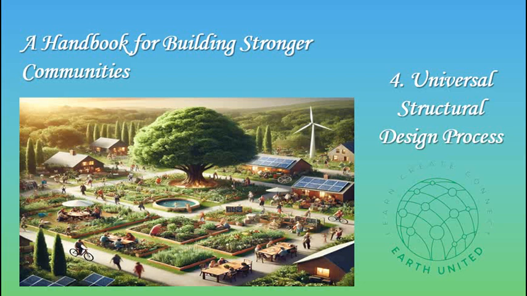This whole deep dive is really showing how community building isn't about top-down solutions. It's about empowering communities to create change from within. That's powerful. What stands out to you the most about what we've covered so far? You know, for me, it's that emphasis on integrating traditional knowledge with modern approaches. The handbook really recognizes that communities often already hold the keys to their own solutions.